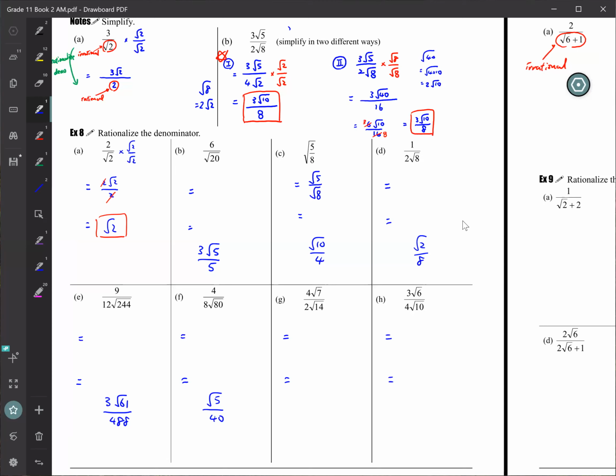I think it's 3 root 5 over 10. Okay. Anyone want to add answers? Share, anyone got different ones? For B, I got the original one written. Okay, we'll keep it there.